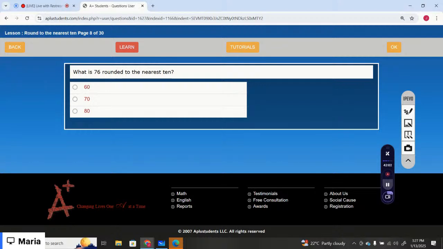What is 76 rounded to the nearest 10, which is the correct option? That is 80. 76 is rounded off to 80.